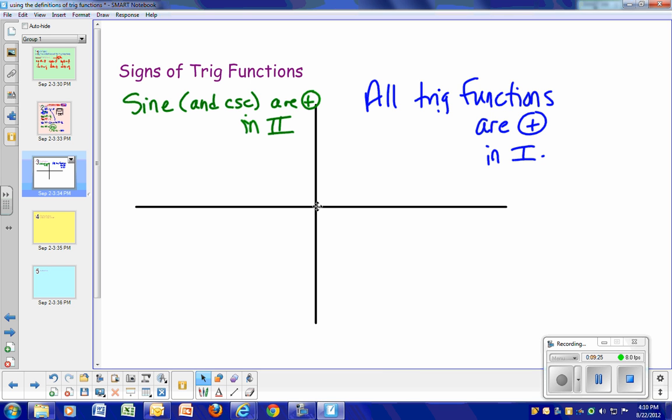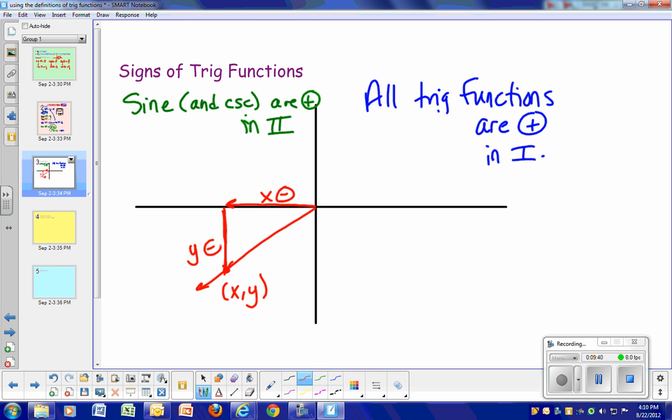And let's come down here to quadrant 3. Here's our reference triangle for quadrant 3. Now in quadrant 3, I'd be going to the left for x, so x would be negative. I'd be going down for y, so y would be negative, and r is always positive. So if you look at your different trig relationships, how could I end up with a positive quantity? For sine, y over r would be negative.